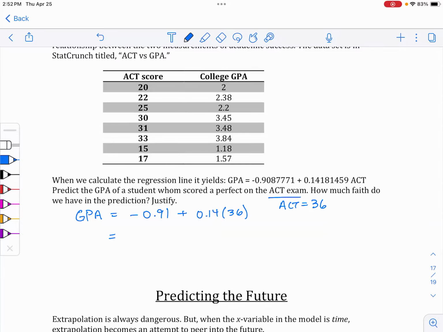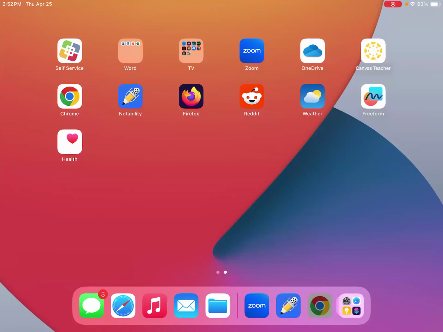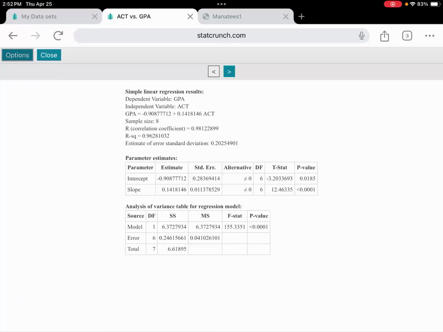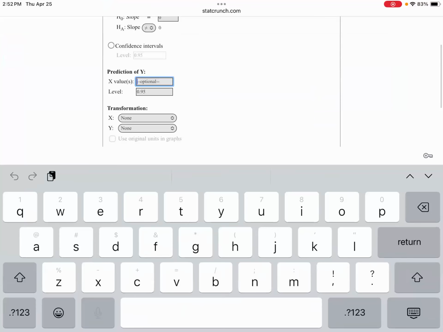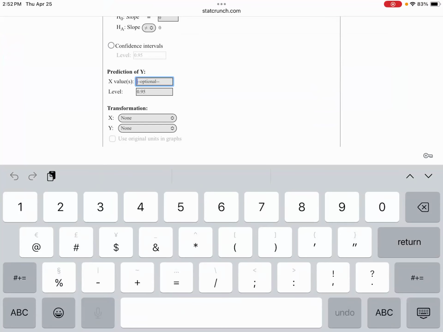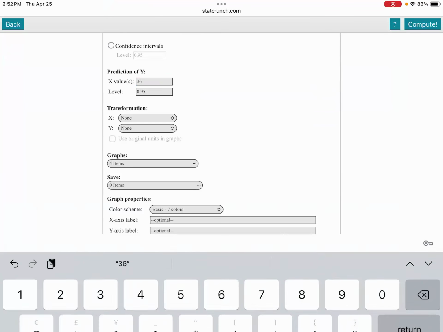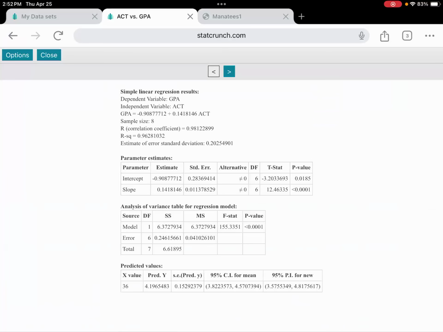What's even better about that is that StatCrunch actually does that for us. If I go back into options edit, and right here, it says prediction of y. So I put in that value 36, and then I hit compute again, and down here at the bottom, it did that calculation.